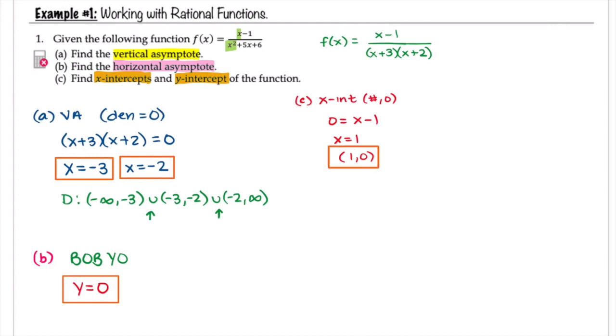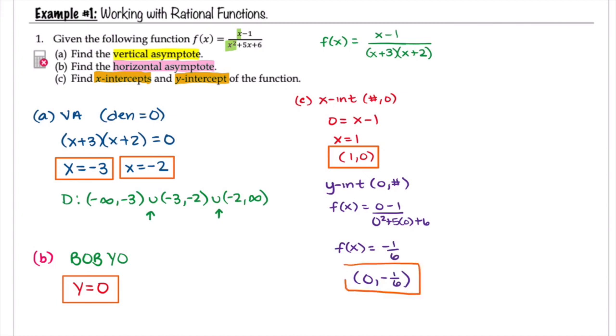To get our y-intercept, we are going to set 0 for x, giving us our y-intercept of 0, comma -1/6. If we were asked to draw this function, what we would need to input in our drawing is the vertical asymptotes, the horizontal asymptote, the intercepts, and maybe a couple more points.